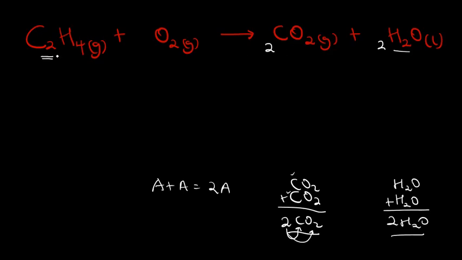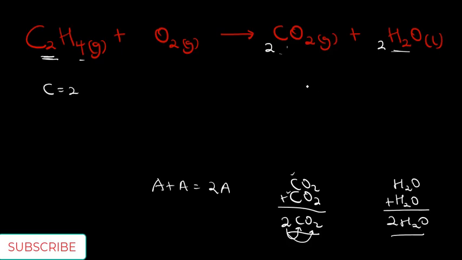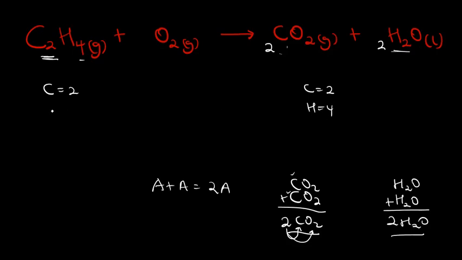So at this point, carbon we have 2 atoms, and carbon we have 2 atoms this side. Hydrogen we have 4, hydrogen we have 4. That means actually our carbon and our hydrogen are balanced. Now we are left with oxygen. On the right hand side we have 2 times 2, which is 4, plus 2 times 1, which is 2.